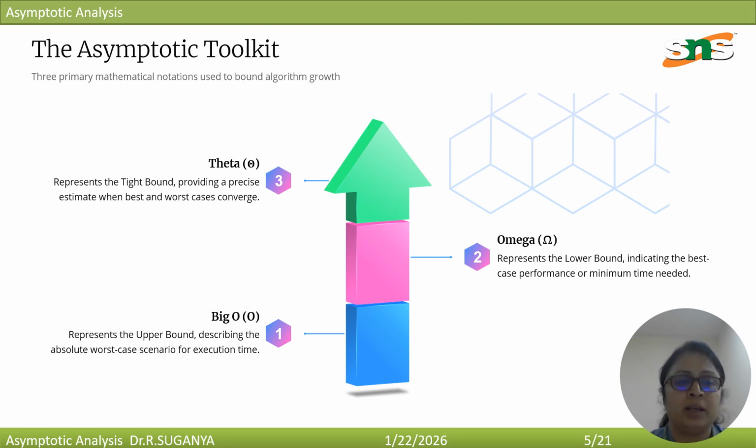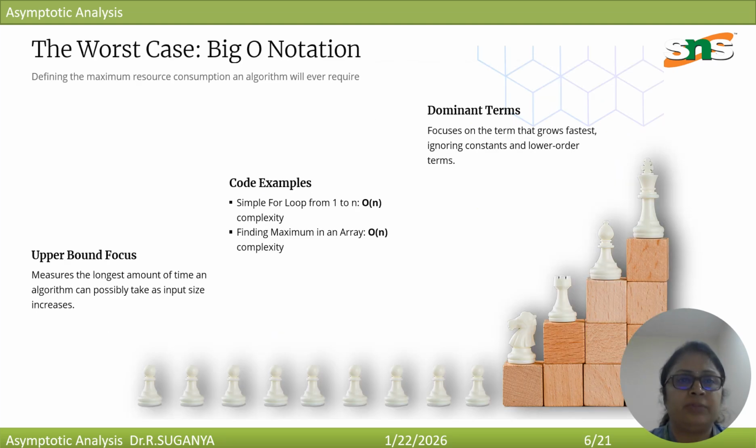Next comes the worst case, the big O notation, and how it is represented as a concept in performance or complexity. It has several sections including upper bound, dominant terms, and examples.